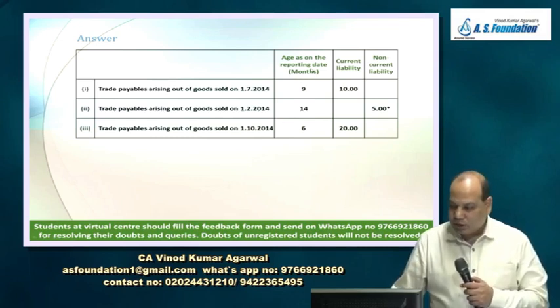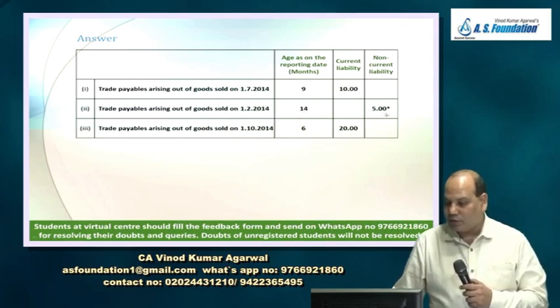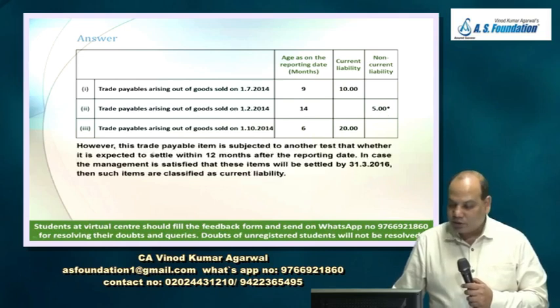So you will write the age on the balance sheet date: 9 months, 14 months, 6 months. 9 and 6 will fall in current liability because they are within the operating cycle period. But 14 is beyond operating cycle period. So it is written as non-current with an asterisk mark here. However, this trade payable item is subject to another test also. What is the other test?